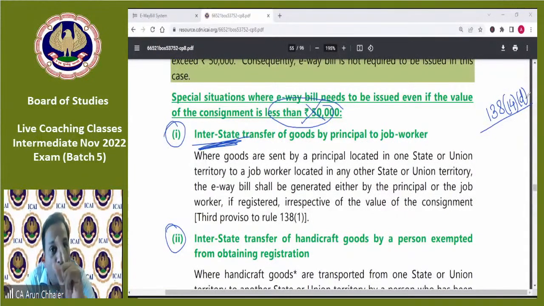Repeating the important point, be careful, notice this point. In the registration chapter, I think you remember we discussed that every state can enhance their limit from 20 to 40 lakh in certain circumstances. Also in the registration chapter, we discussed that special category states can enhance their limit from 10 to 20 lakh.